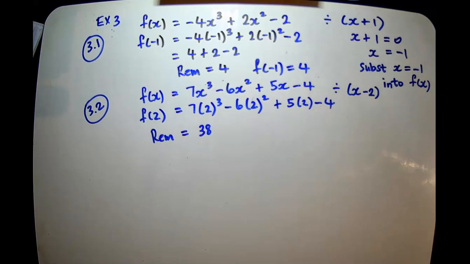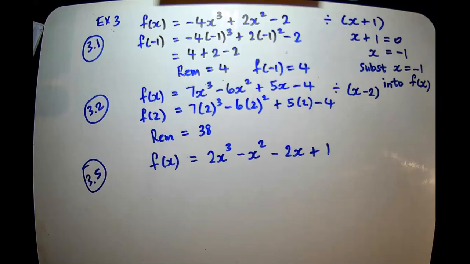Working all that out, the remainder is 38. This means that x minus 2 is not a factor. For it to be a factor, we'll have to get remainder equal to 0. If the remainder is not 0, this means that what is in the bracket is not a factor.